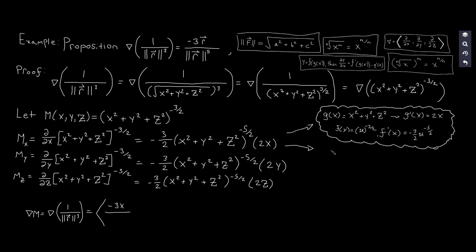So what I'm saying is that now we have negative 3x times 1 over the square root with index 2.